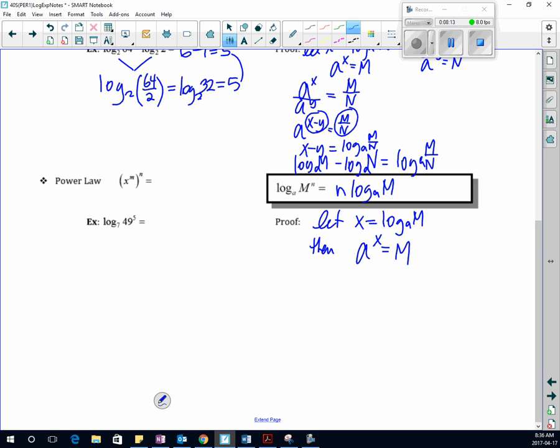So if I n power, I'm going to write it in a separate step. So a to the power x to the power n equals m to the power n. Does everybody see that? Yes? So what do I get when I do that? I get a to the power xn equals m to the power n. Does everybody agree?